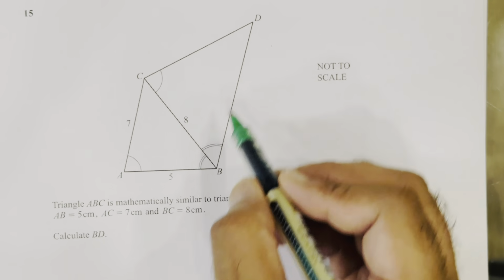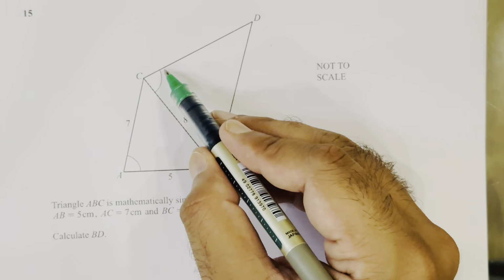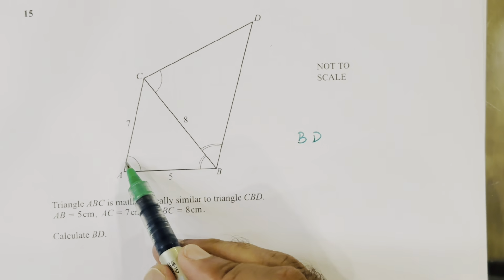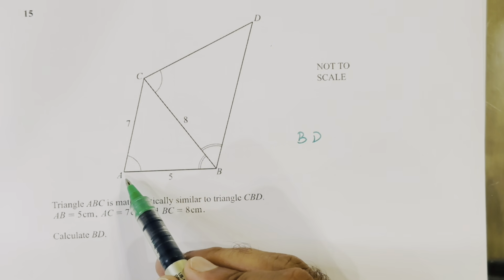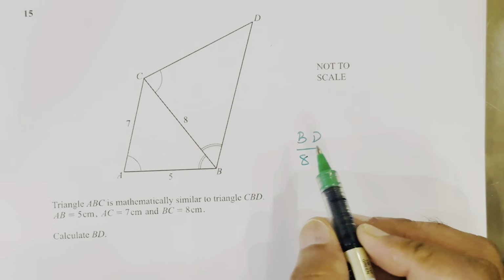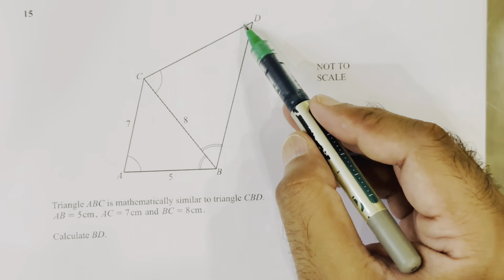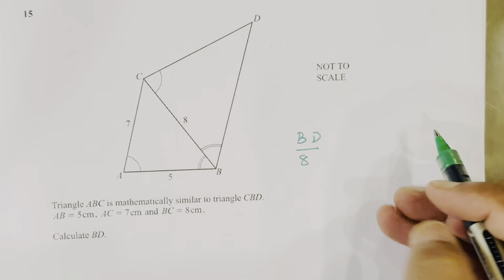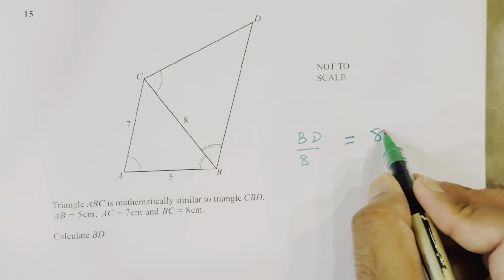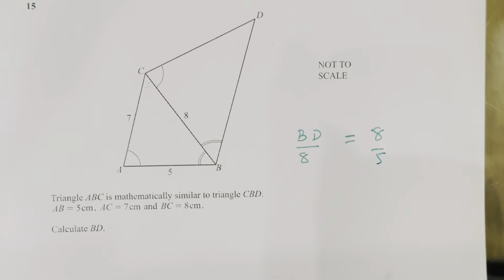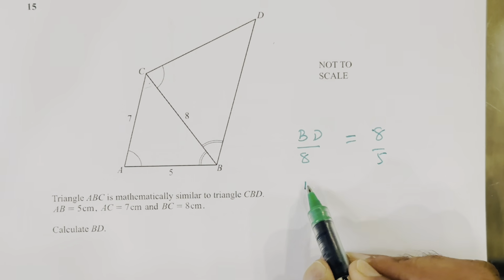Okay. BD is from this angle equal to BD. Then over here, this angle has front side is 8. Now this unknown in this triangle, this unknown angle has a front side of 8, and this unknown angle has the front side of 5. So you're gonna cross multiply it to solve it.